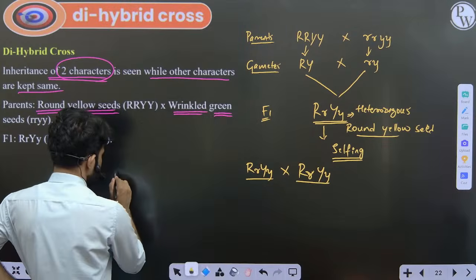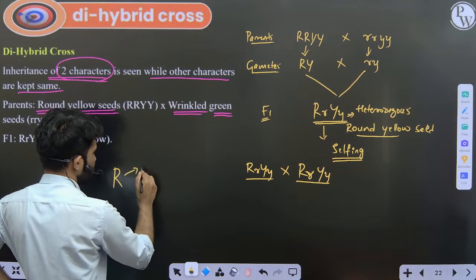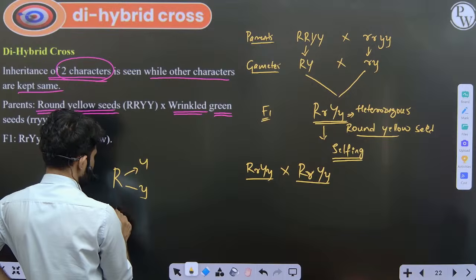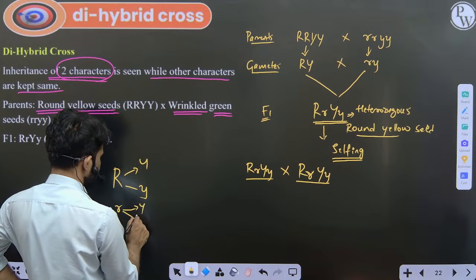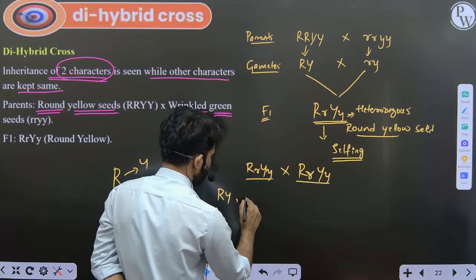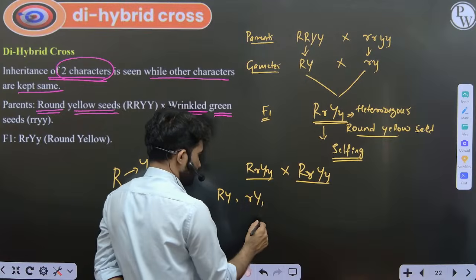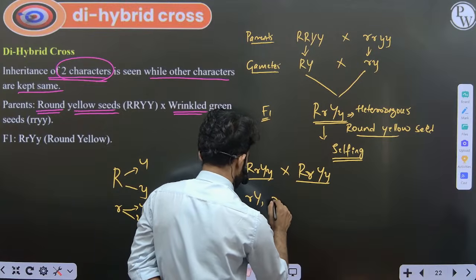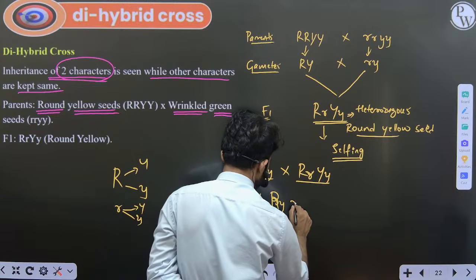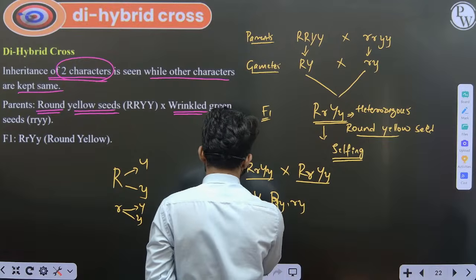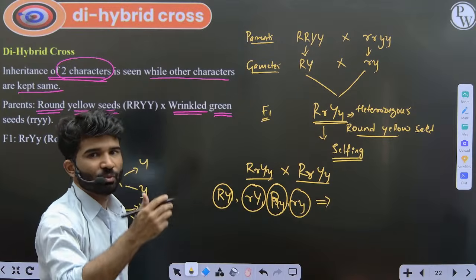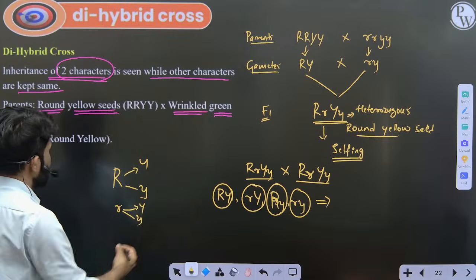We are going to get different combinations of gametes in the two generations.